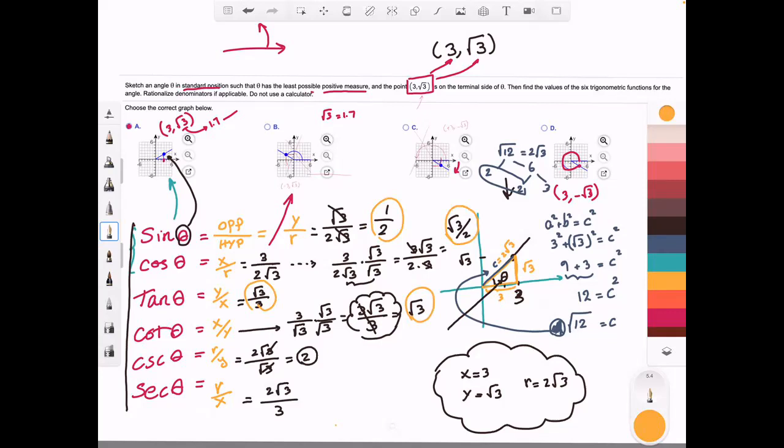Isn't it 45 degrees? Almost. If you look at the table, sine of what angle is 1/2? 30. Very good, 30 degrees.